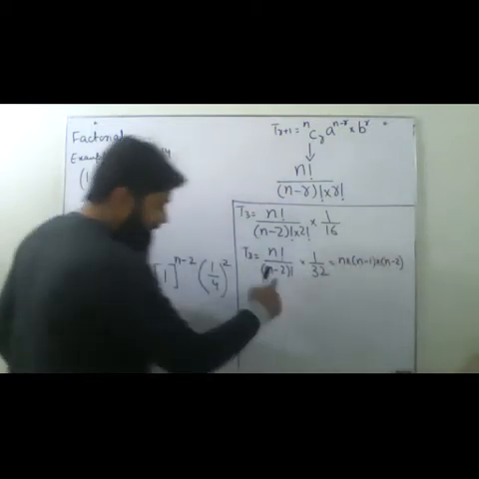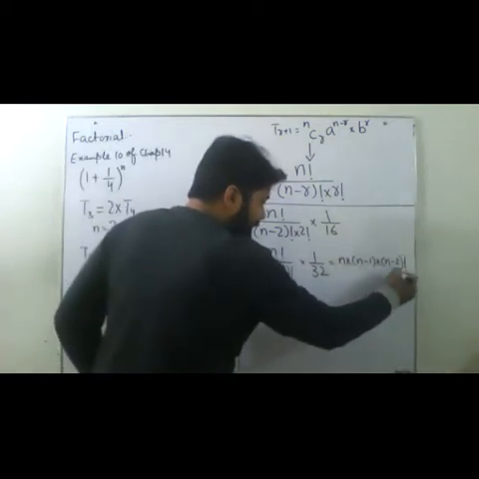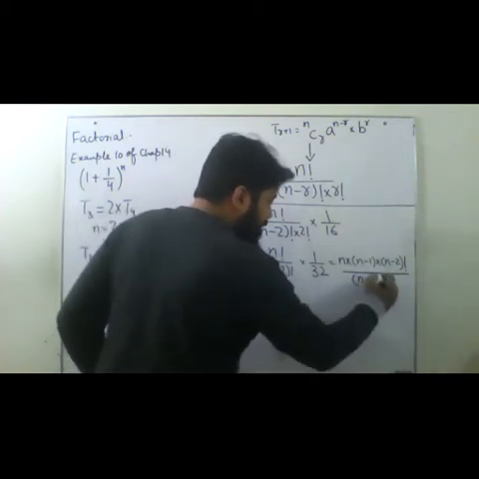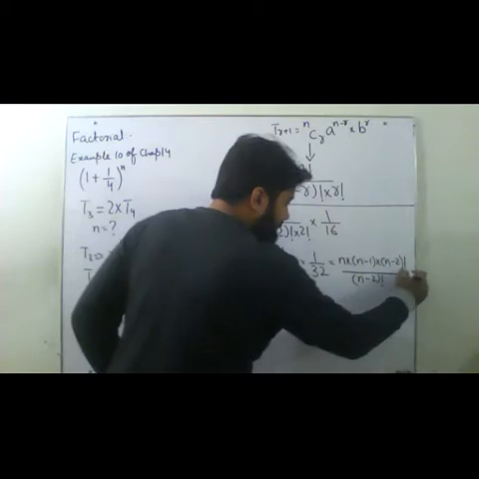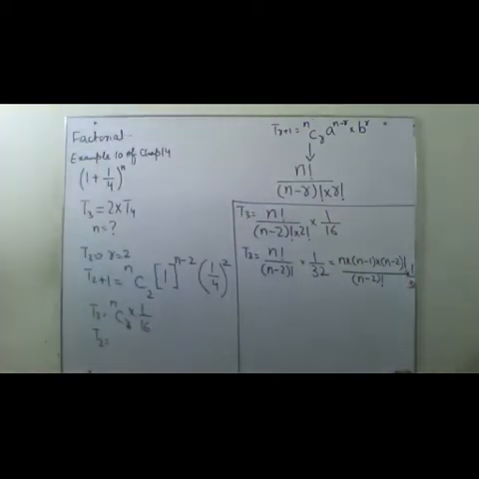As soon as I have seen that it is equal to the denominator, I will stop over there, divided by n minus 2 factorial, multiplied by 1 over 32. That will remain as it is.